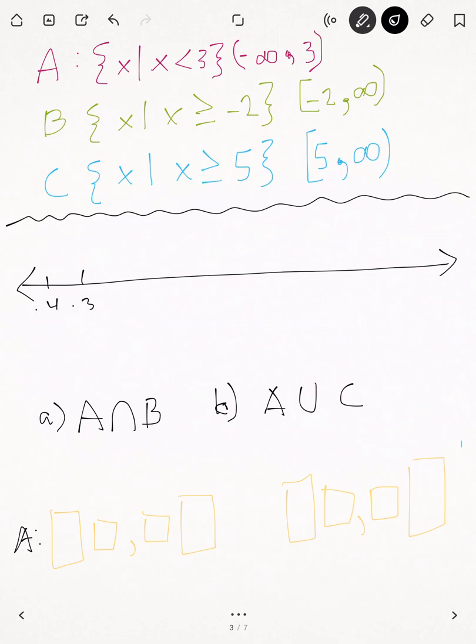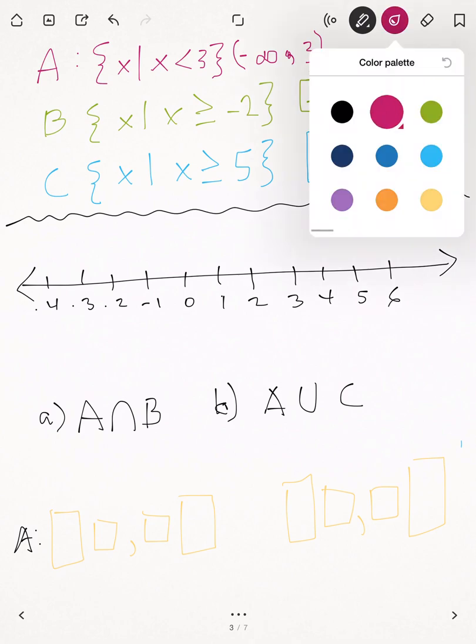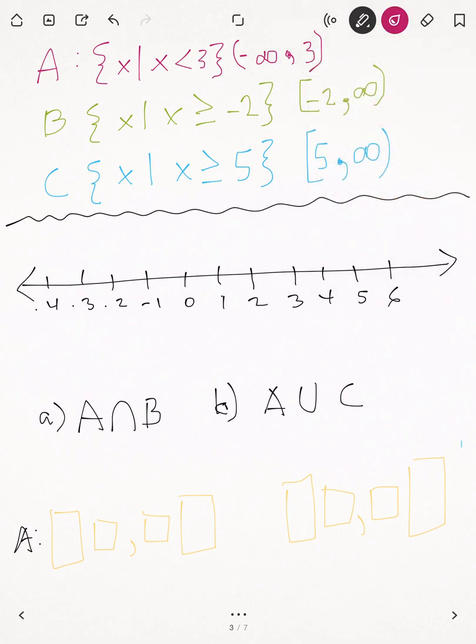-4, -3, -2, -1, 0, 1, 2, 3, 4, 5, 6. I'll change colors of pens so that you can see exactly where things overlap. For set A, we want all the numbers between -infinity and 3.